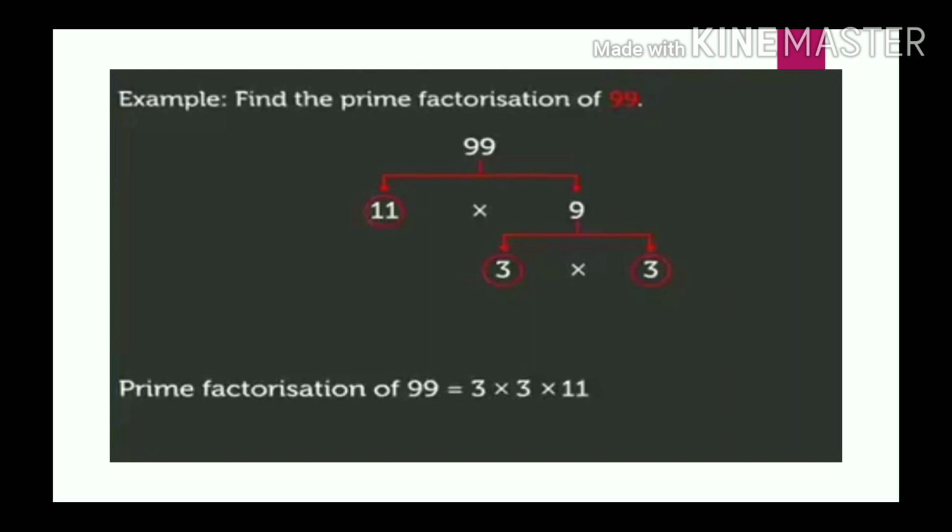So you get 3 into 3 gives you 9, which means at the end we have 11, 3, 3 as prime numbers. So the prime factorization of 99 is equal to 3 into 3 into 11.